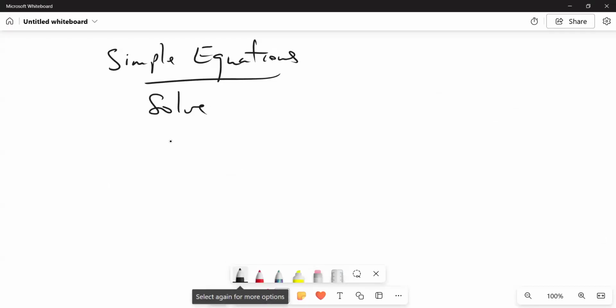Let's say you have something like this: 5 minus x equal to 7. All right. So you want to get a value of x. What will the value of x be? That when you subtract it from 5, you get positive 7. Again, you think of it as a balance. What you do to one side, you do to the other side.